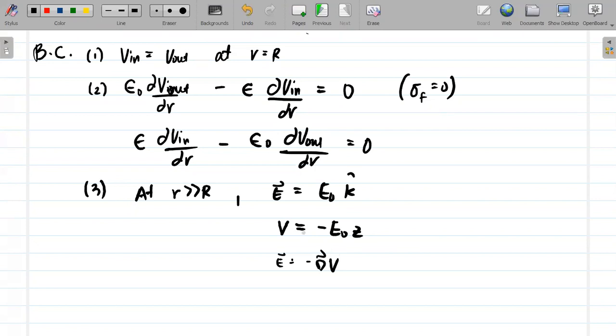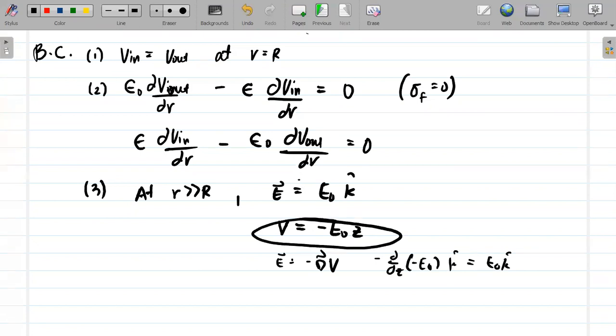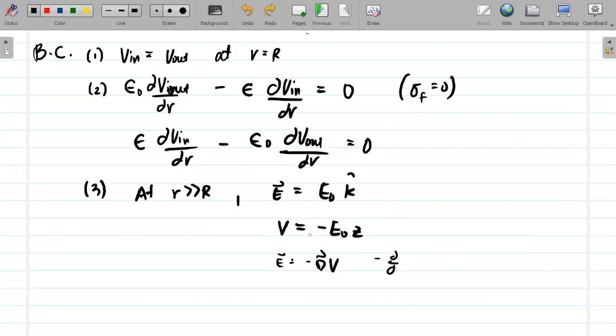Ano ang negative gradient nito? Negative partial Z ng negative E naught K hat. So, bali, this is E naught K hat. So, ang potential na to, ang nagpo-produce ng electric field na ganito. So, yan yung potential natin at very far distances.